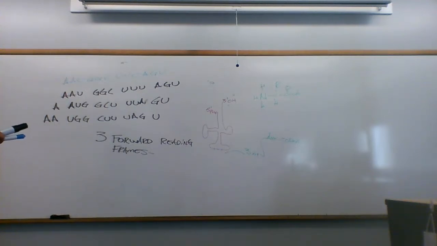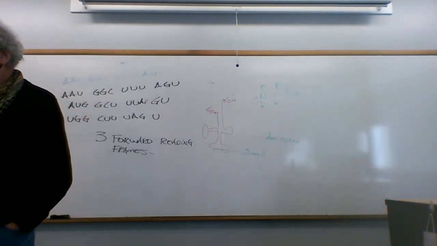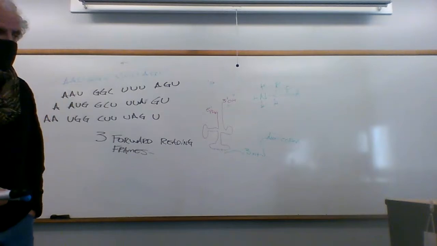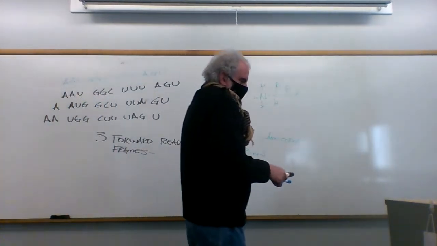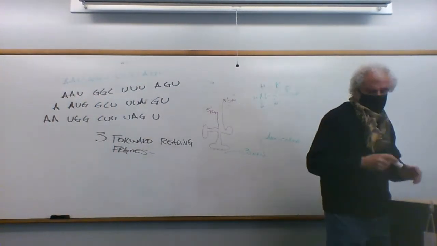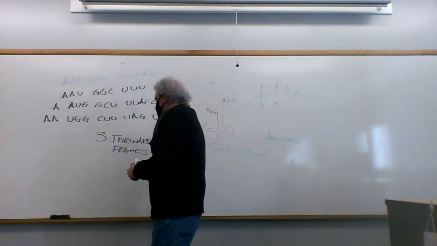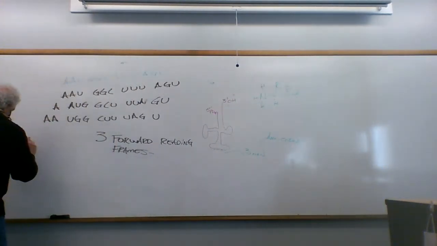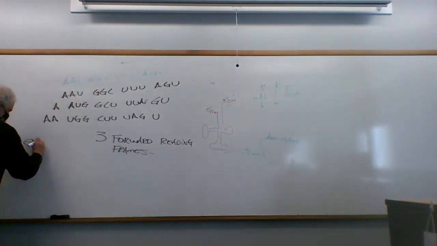If you're in the wrong reading frame, you're not making the correct protein, and generally you're making garbage. So identifying the reading frame is a really critical point. From a computational perspective, my favorite program for doing reading frame analysis is something called EXPASY.